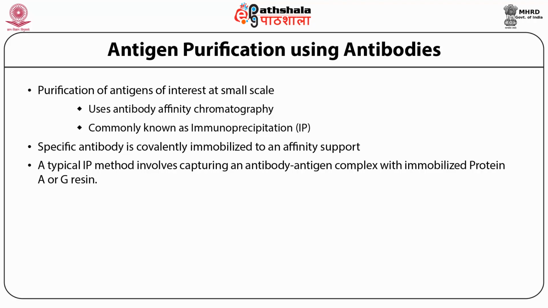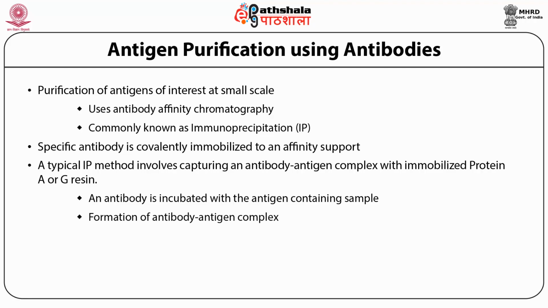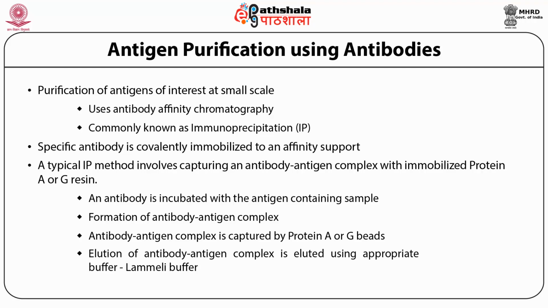In the first step, an antibody is incubated with the sample, which binds to specific antigen present in the sample. Next, the antibody-antigen complex is captured by protein A or G beads. Finally, the antibody-antigen complex is eluted using appropriate buffer, preferably Laemmli buffer, and separated by gel electrophoresis.